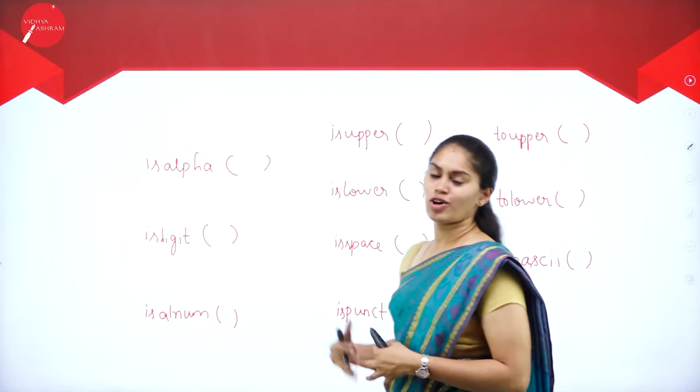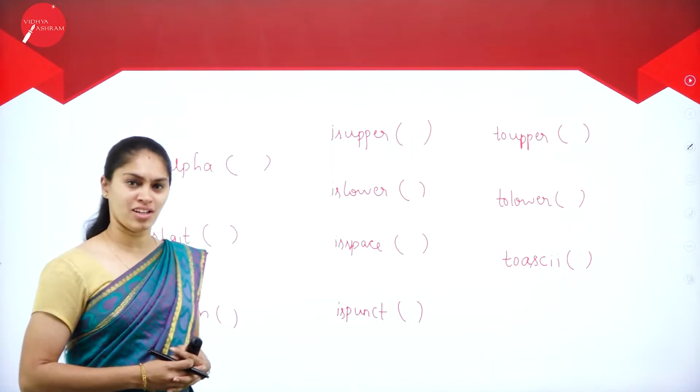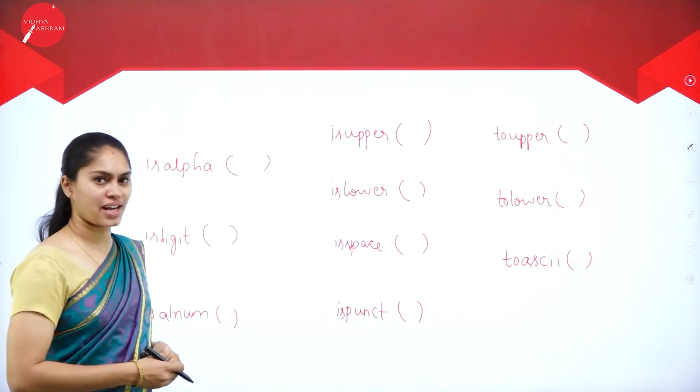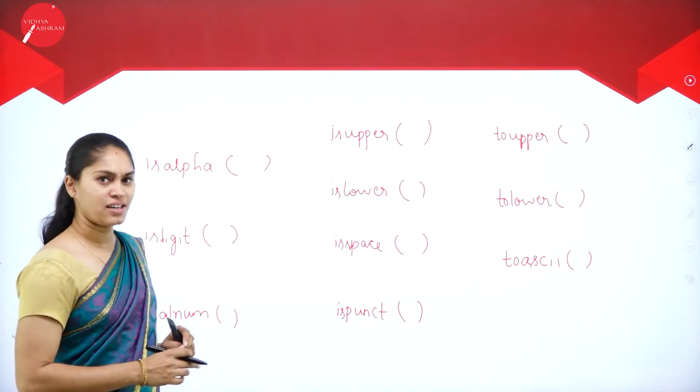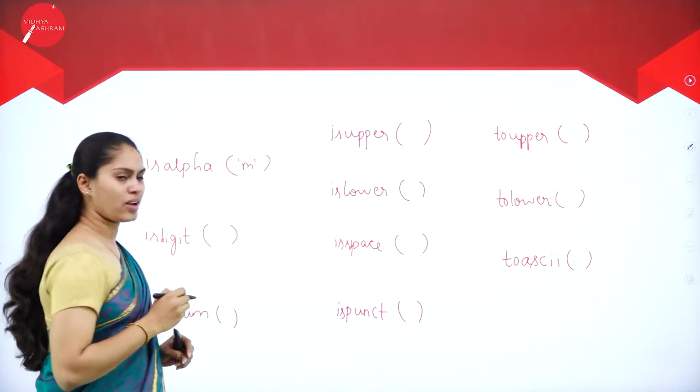Here I have written all the functions and I will take you through the examples to make you understand each function thoroughly. What is the first function I have here? Is alpha. We have to check. Let me consider I am going to take a value as small letter m.